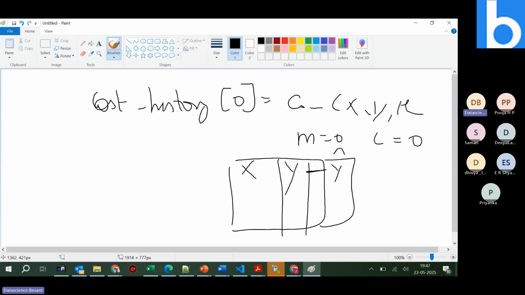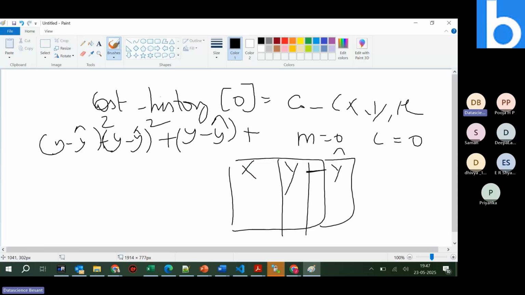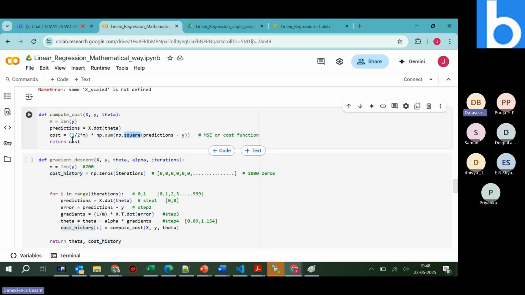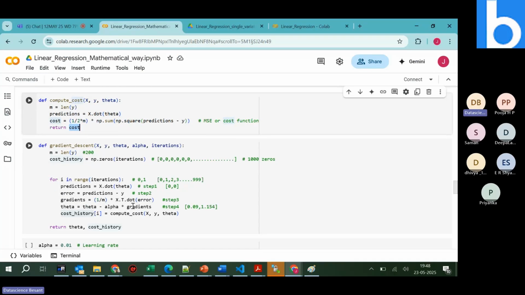You will check the difference between these two values: y minus y cap, squared, and so on for all 200 values, whole square for the 200th value, divided by 200 into 2. That is what is written, 1 over 2m. I'll get some cost value, and that cost value will be returned to the function call.